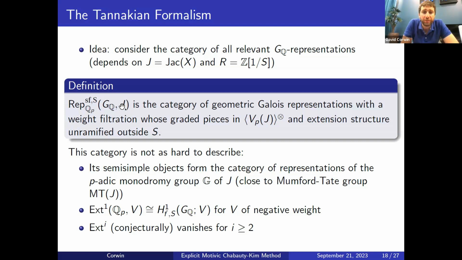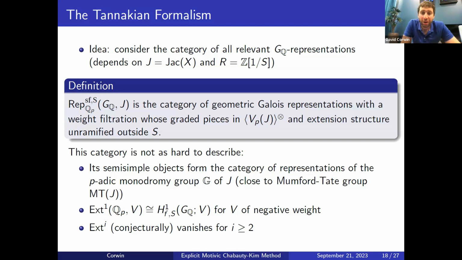And it's a category of geometric Galois representations, where geometric is in the sense of Fontaine-Mazur. That's basically unramified almost everywhere, de Rham, stuff like that, with a weight filtration.